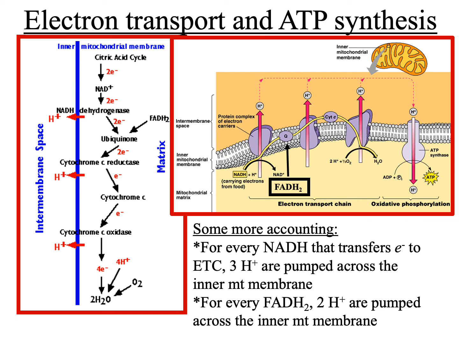And you can see that 3 starting with the first position, the middle, and then the last position. For FADH2, because it enters at a different point in the pathway, that very first pump is bypassed, so only 2 hydrogen ions get pumped across the membrane for every FADH2 that donates electrons.